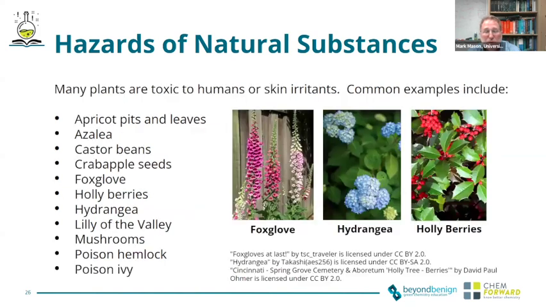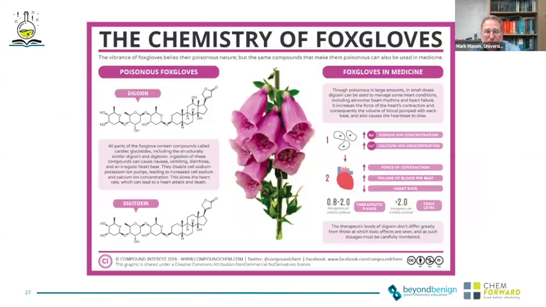So there's more information in the slide deck on this. One of the examples given are plants. A high percentage of the plants on the planet are toxic to humans. Just a few examples are given here, and there's reference materials. You can get more information in the module.